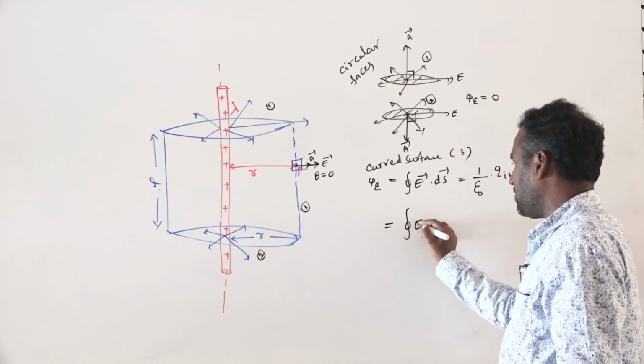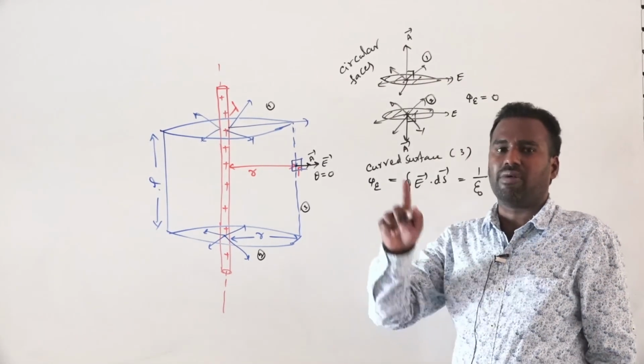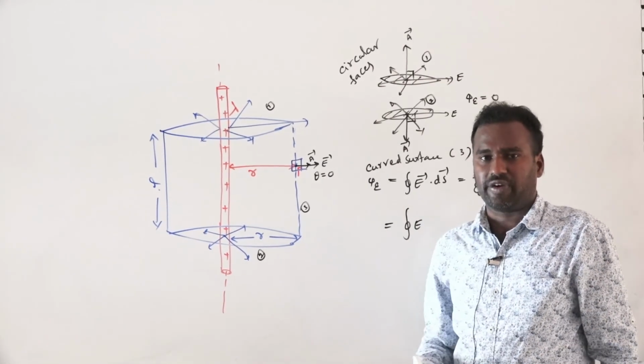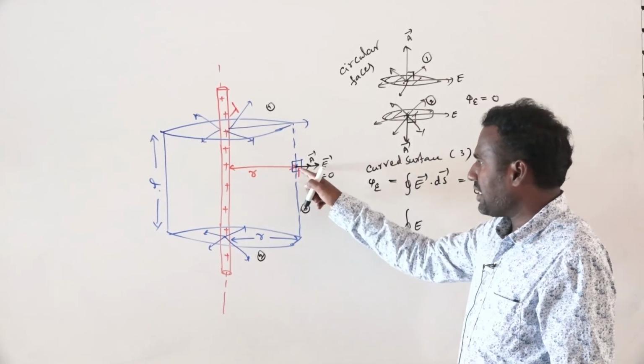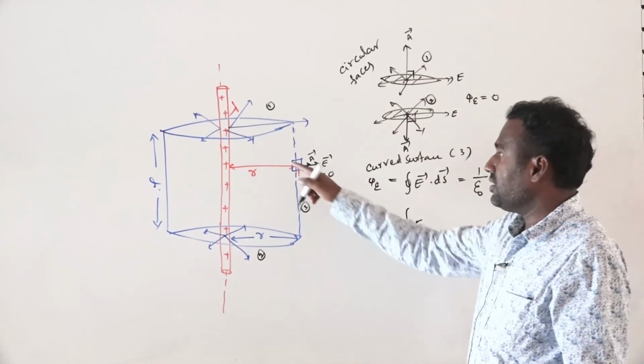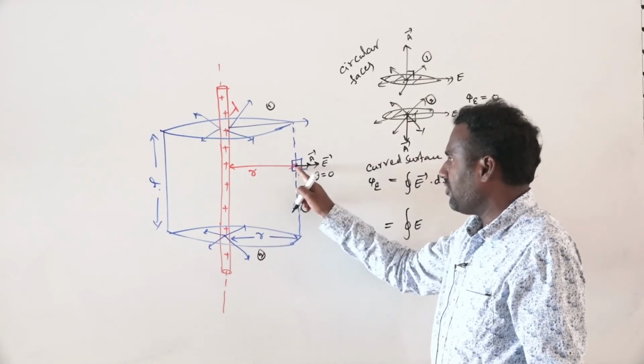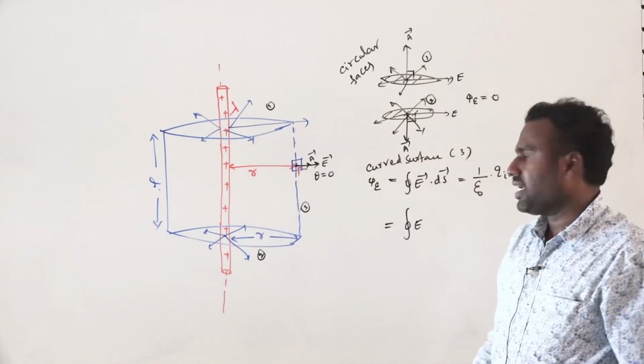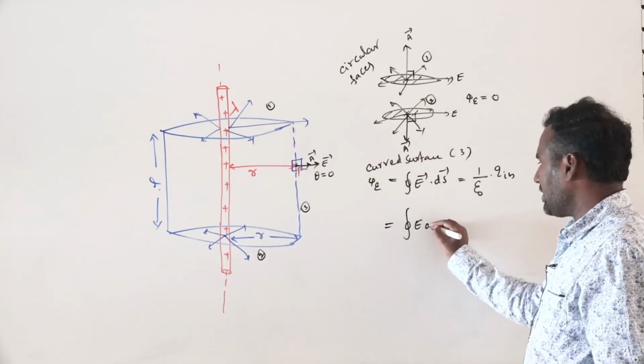Our primary condition is that the electric field should be either uniform or 0, and here it is uniform. The second condition is that the electric field should be either tangential or perpendicular to the surface. For the top ends it is tangential, for the curved surface it is perpendicular. So the two conditions are satisfied.